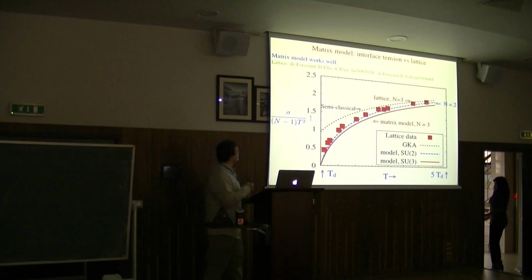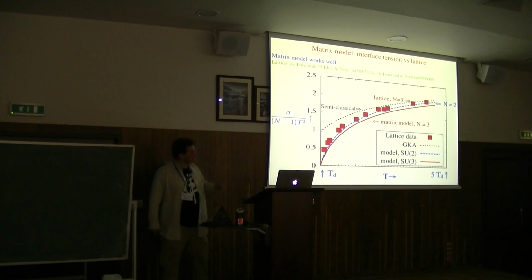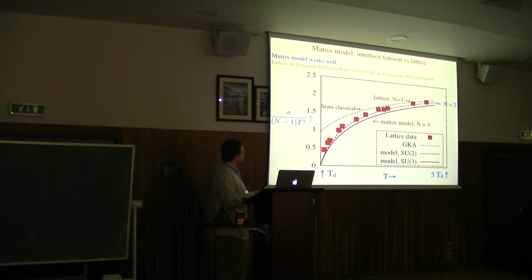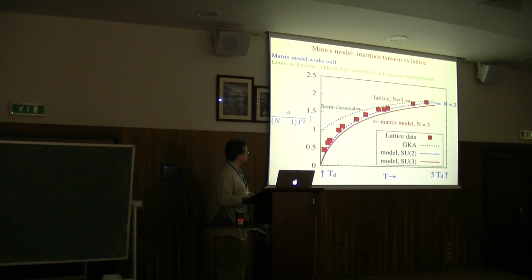We can then compare to the results for the interface tension. This is results for both 3 colors and 2 colors. Here, this is the interface tension I computed perturbatively, semi-classically. This value is now computed using this complete effective Lagrangian. It's a straightforward exercise to do so.